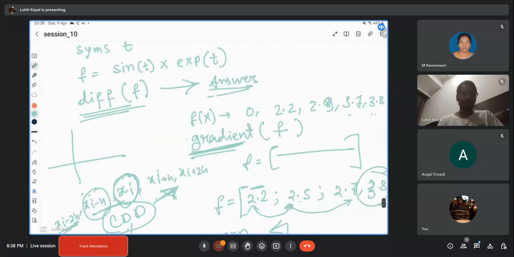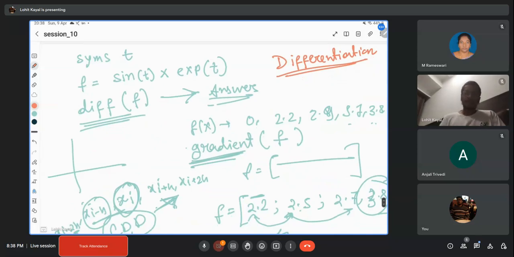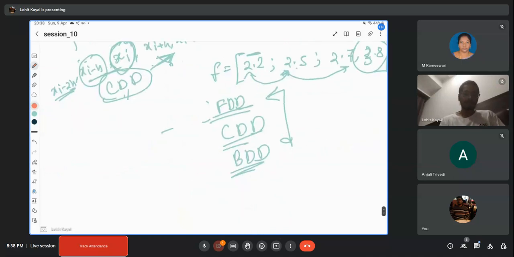This too I wanted to mention, that this is for the differentiation. Now one thing that I forgot to mention is that this gradient actually calculates the differences.